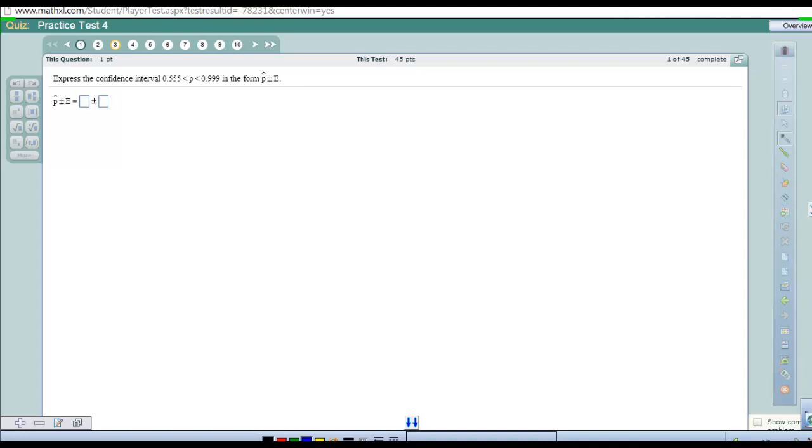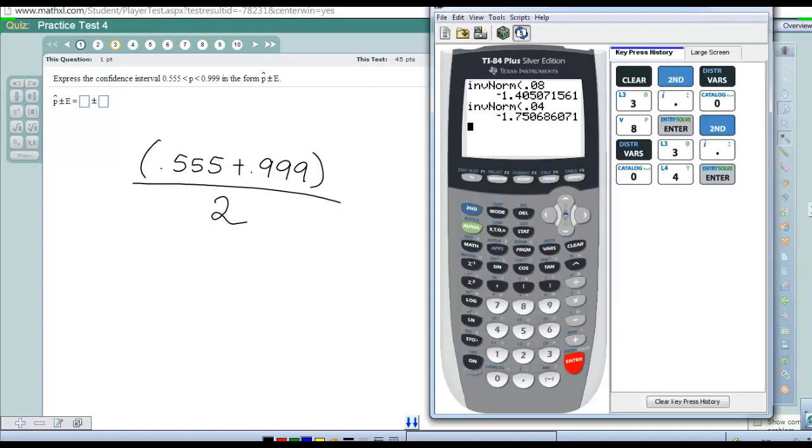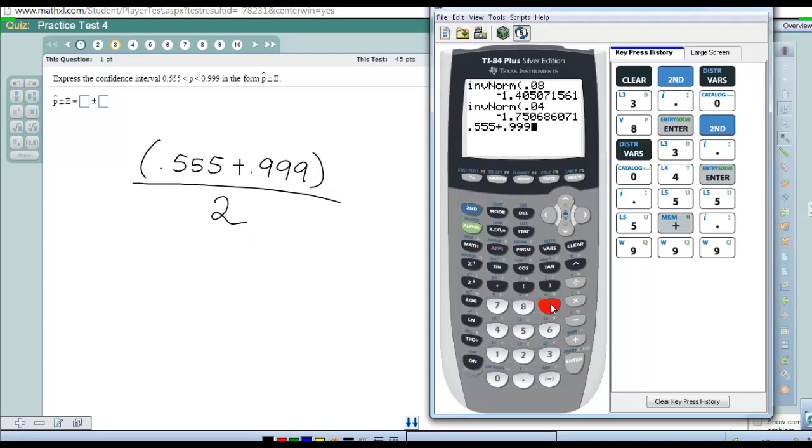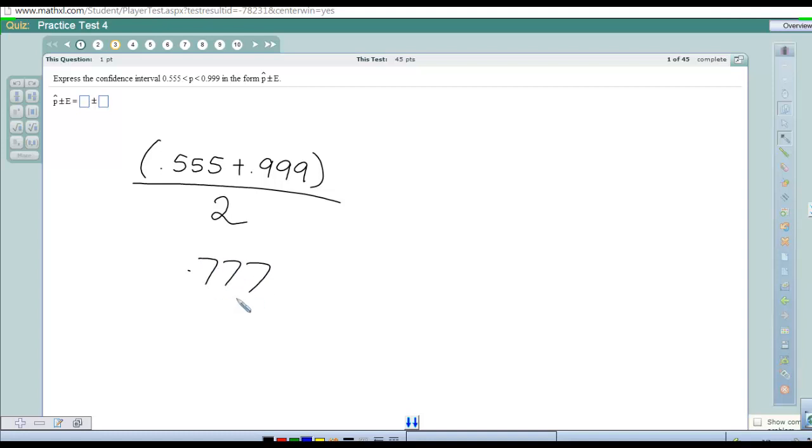So to figure out p hat, I would do 0.555 plus 0.999 and divide that by 2, which gives 0.777.